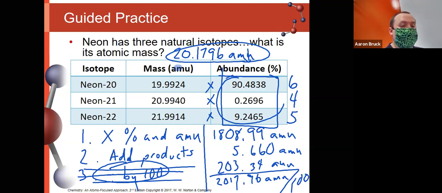Coincidentally, you could do that first step up here. You could convert the percentages all to fractions on your own and divide by 100 individually. I just prefer to do it here at the end because that means I only have to divide by 100 once instead of each time for each isotope. That's a personal preference thing.